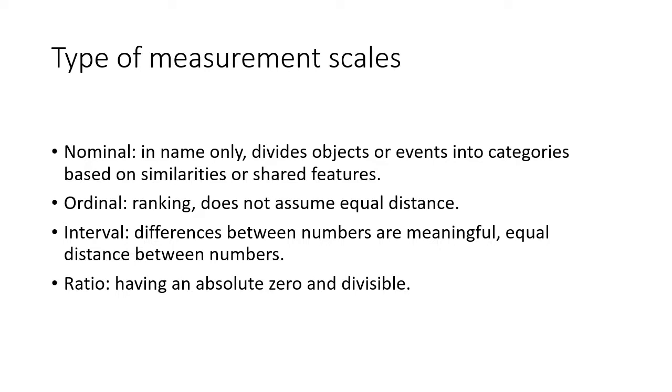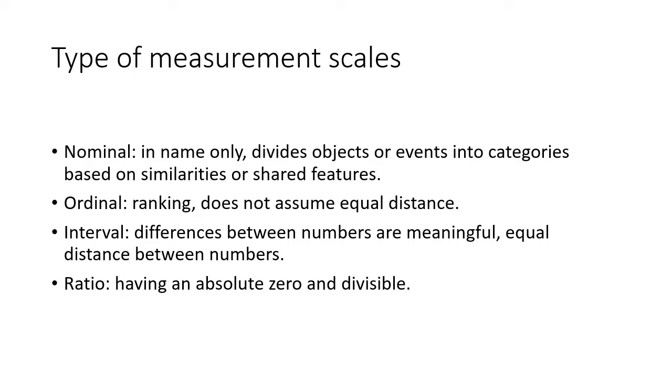A lot of people don't know what the difference between interval and ratio is, so this is something I want to say out loud here. In interval, the zero is always arbitrary. If you look back at your physics or chemistry classes, you know the difference between the Kelvin scale and the Celsius scale.